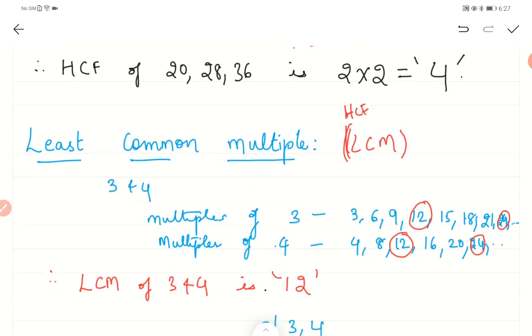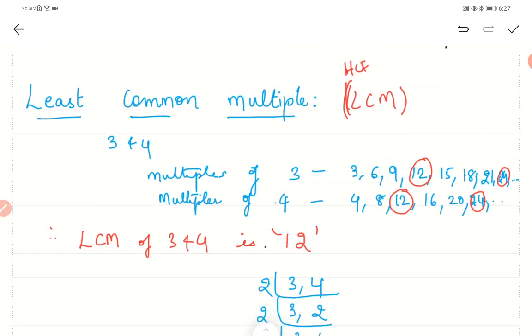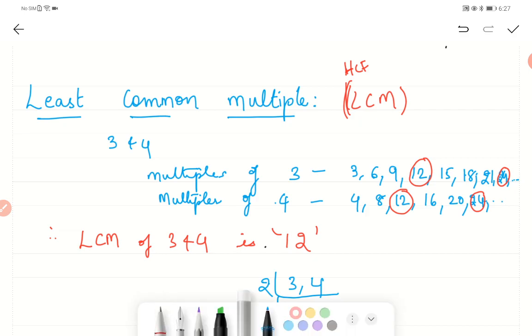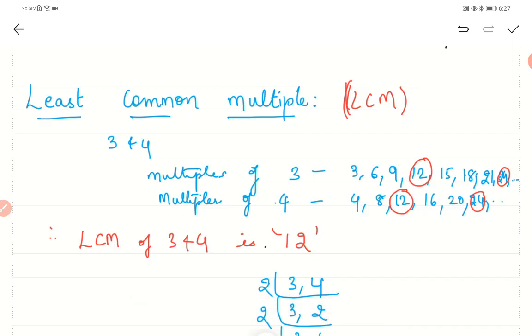Okay, now it's time for us to see what LCM is and how to get LCM by the factorization method. First, let's see it by the normal method. What is LCM? It is least common multiple, isn't it? So you have 3 and 4. For 3 we have multiples, which means you need to get your table, just remember.